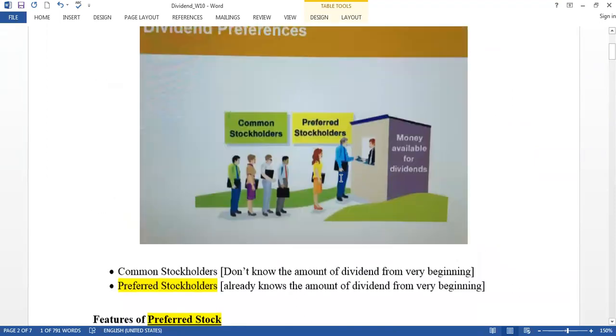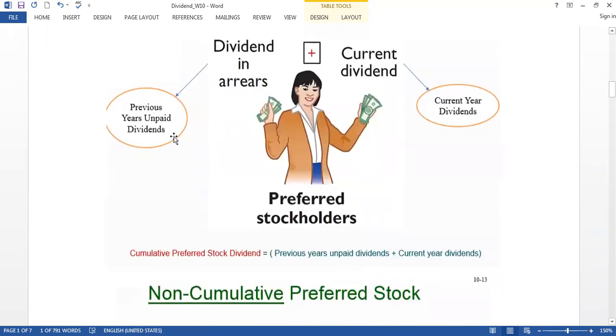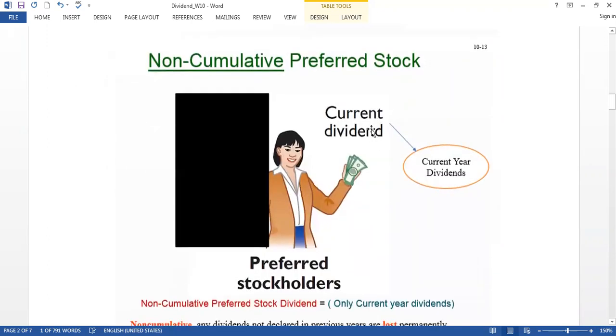First, this picture you have to remember: preferred shareholder will receive dividend first, then common shareholder. Then preferred has two groups. One is cumulative, another is non-cumulative. If you are cumulative, first payment is previous year unpaid dividend, then current year dividend. If it is non-cumulative, previous year unpaid dividend is completely lost, only current year dividend.